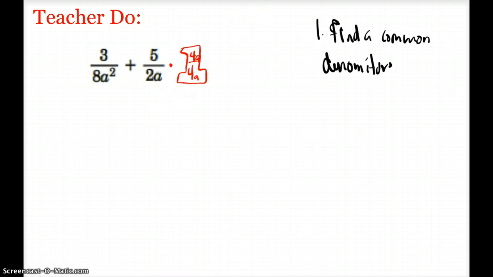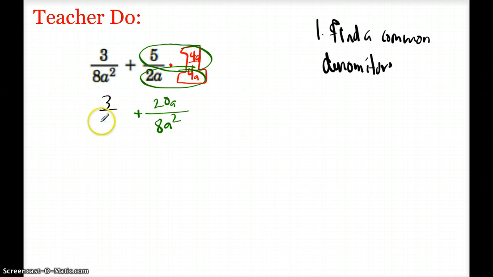Let's multiply the tops. 5 times 4, 20a, and denominator 2 times 4 is 8a squared. We'll add those two together. Now they have like denominators. This is what we wanted the whole time. 8a squared, 8a squared. Our denominators should now be the same.